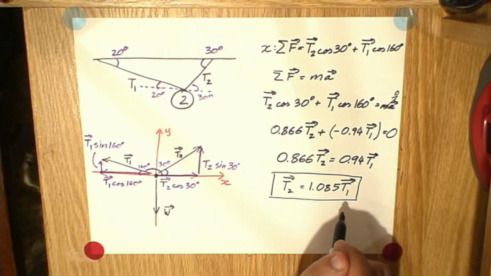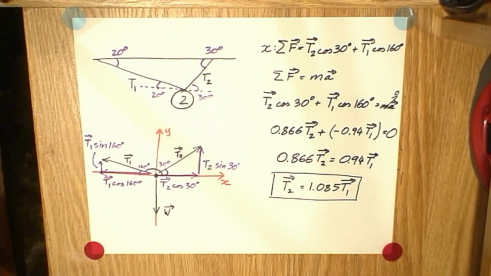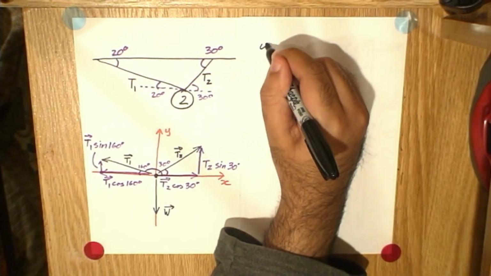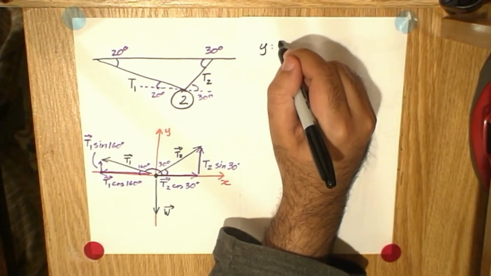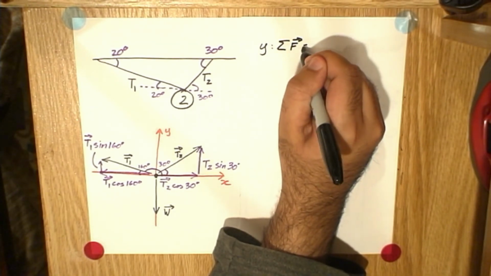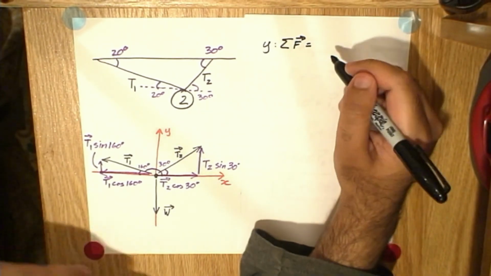Remember what I said earlier. Because there are two unknowns, we're going to need two equations. This is the first of them. We'll turn to the y direction to solve for the second one. Now let's take a look at everything that's happening in the y direction. The sum of the forces here now includes three forces.